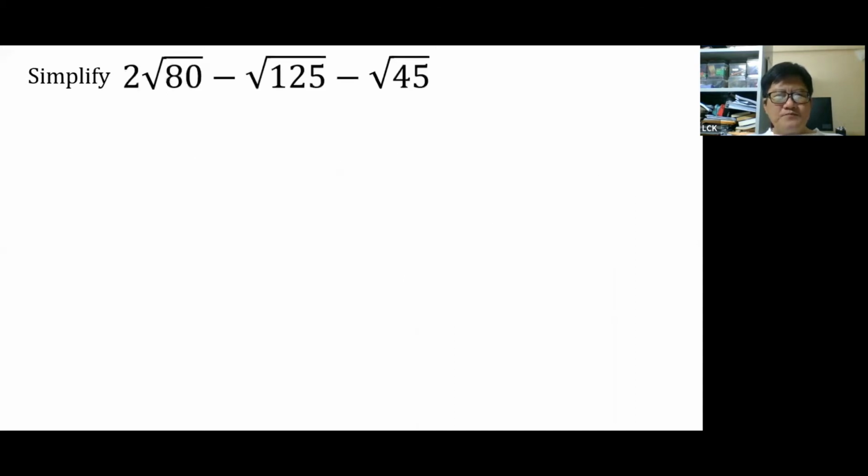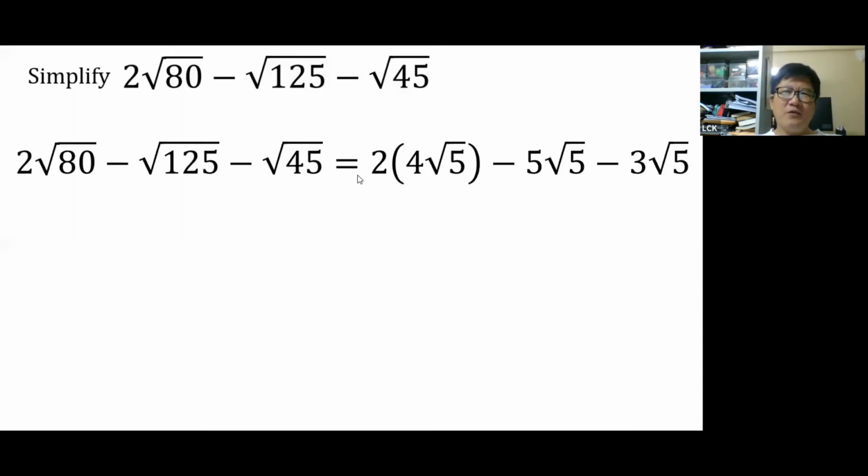Now let's go on. You have 2 square root 80 minus a square root of 125 minus a square root of 45. You'll be wondering how to do this. Very simple. All of them you can simplify to something square root 5. 80 is 16 times 5.